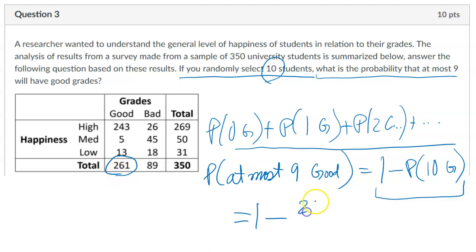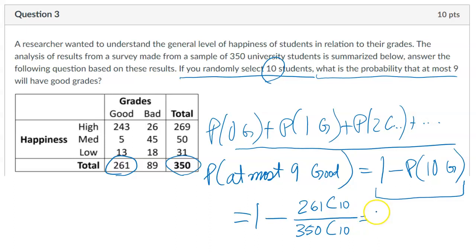So we'll be selecting from the 261 students, 10 that have good grades, and that will be over the total of students, selecting 10. Again, the order is not important because any good grade student is the same, and any student is the same for this problem. It's not a permutation, it's a combination, right? And with this calculation, you will be able to get the answer here.